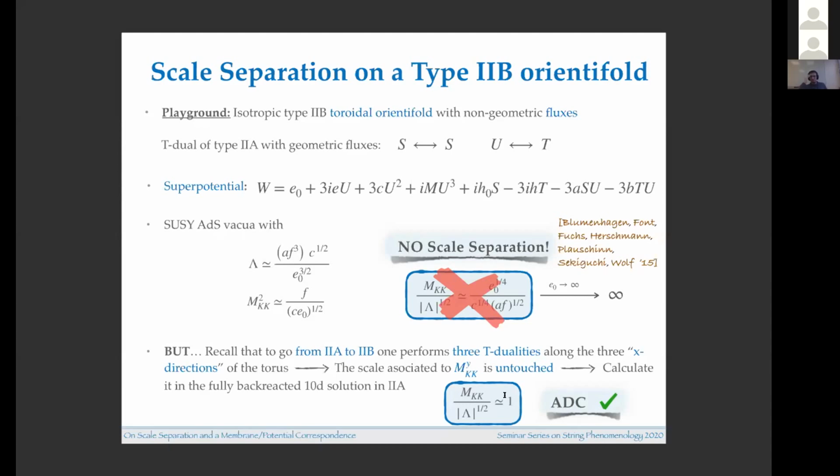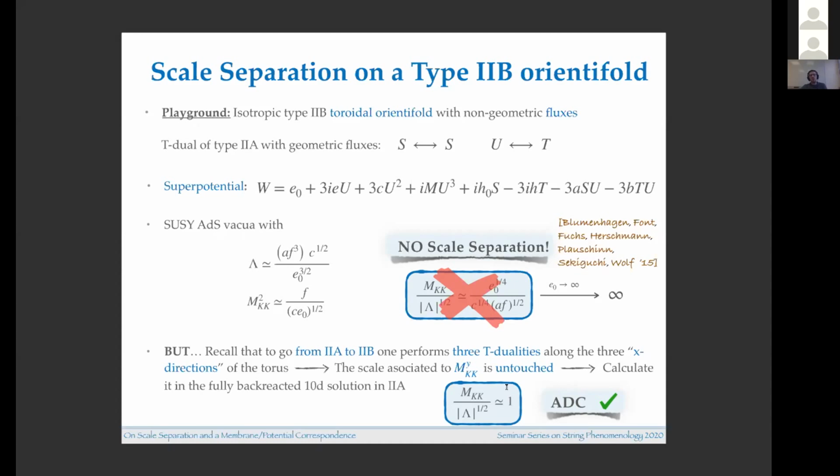So in the remaining a bit more than 5 minutes that I think I have, I will try to go to the second part. But before going there, let me just emphasize that the only message that I want to convey with these two very simple models is that there have been a lot of claims on scale separation or no scale separation based purely on effective field theory information, but one has to be really careful, in particular for issues about scale separation, which is an intrinsically 10-dimensional thing.